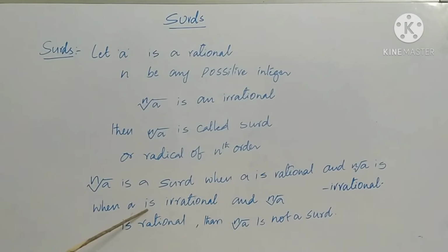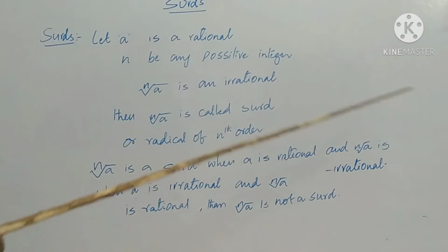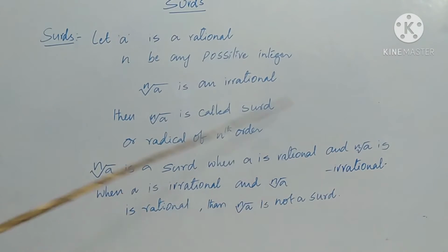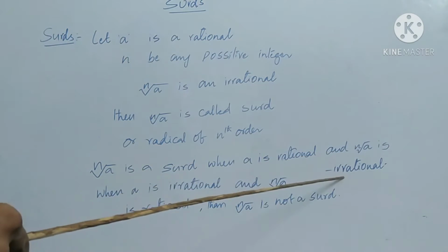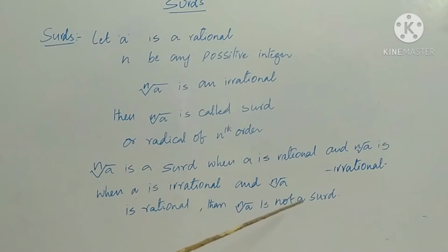Next, when a is an irrational number and the nth root of a is rational, then the nth root of a is not a surd. Here, when the nth root of a is rational, it is not a surd. These are the definitions of surds.